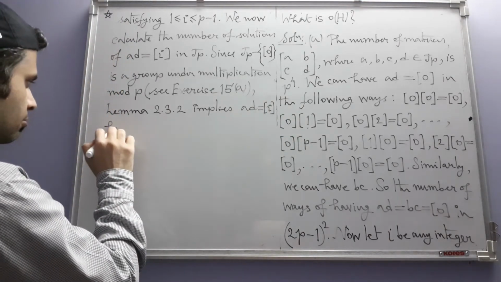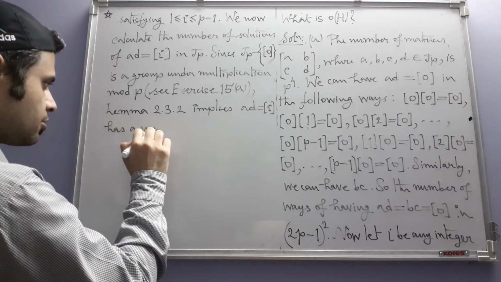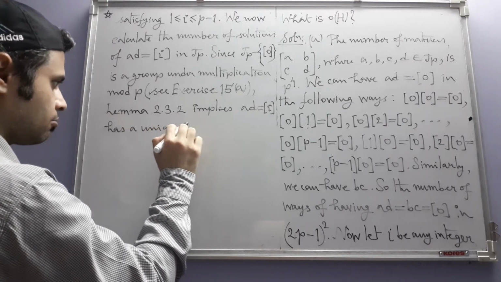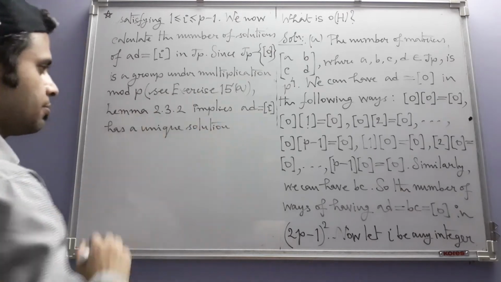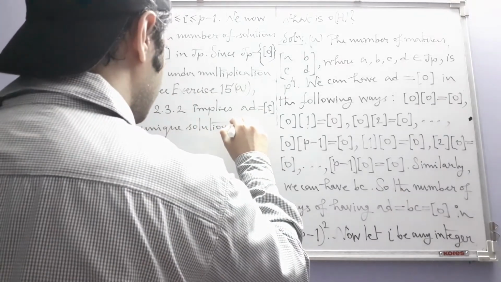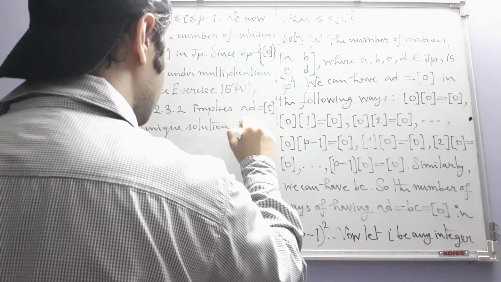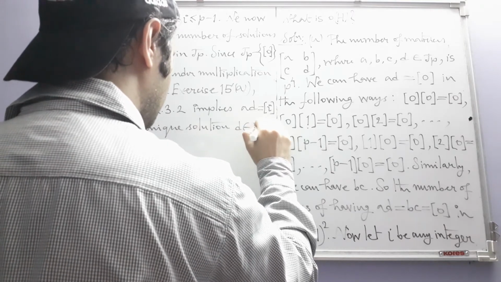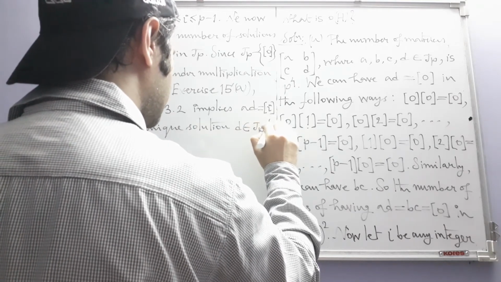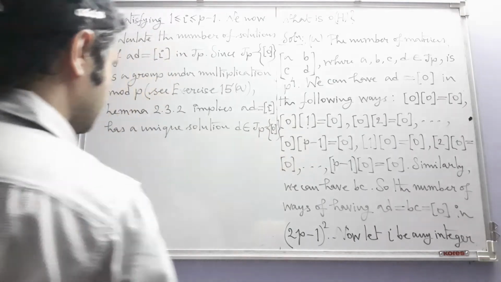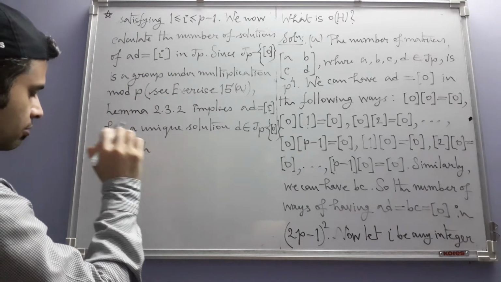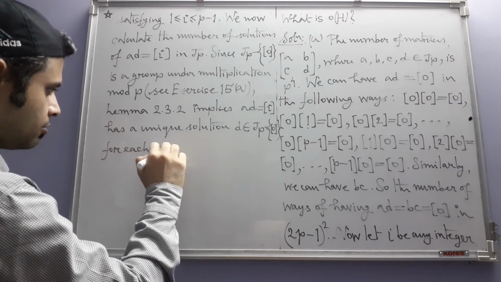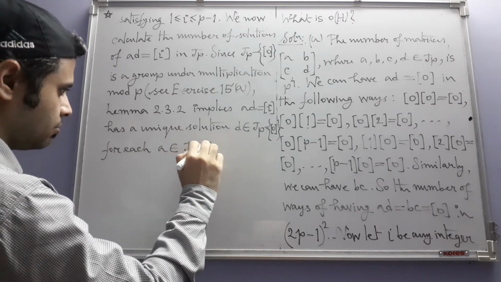has a unique solution D belonging to Jp minus 0 for each A belonging to Jp minus 0.